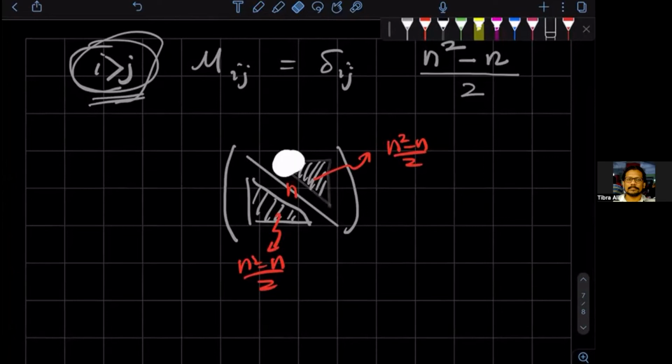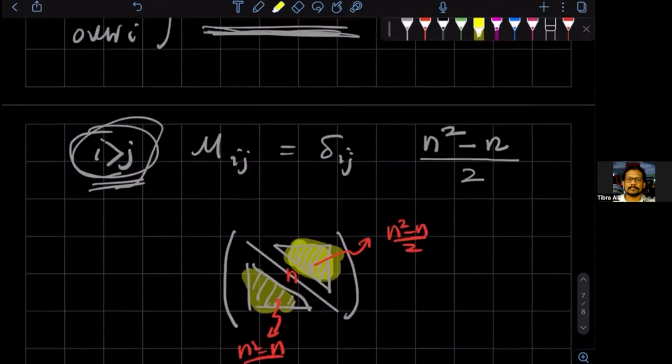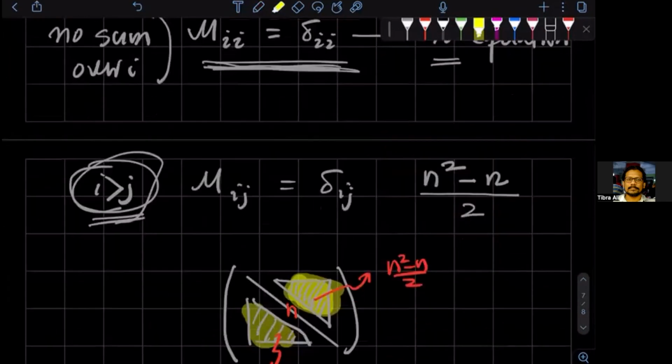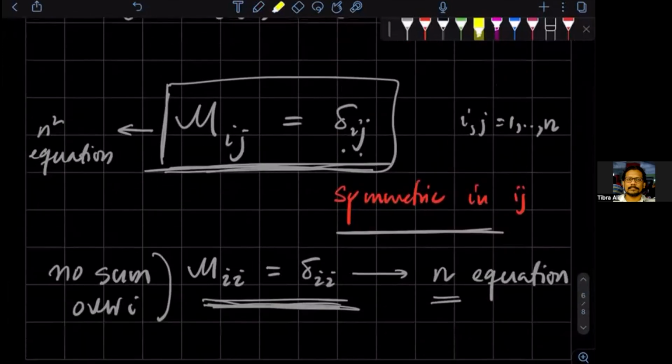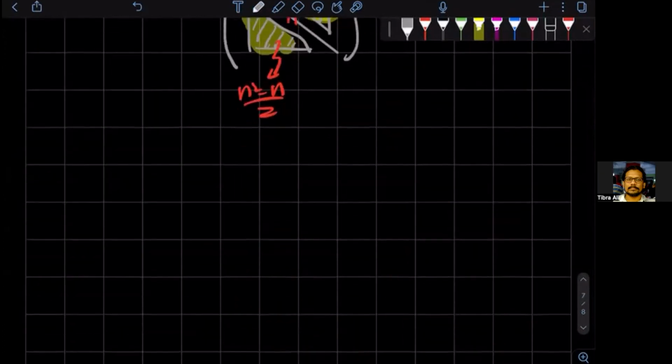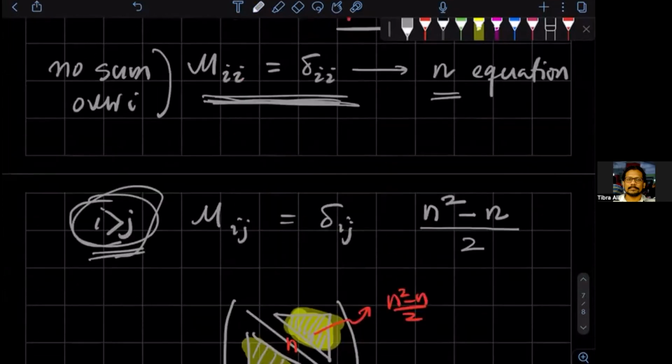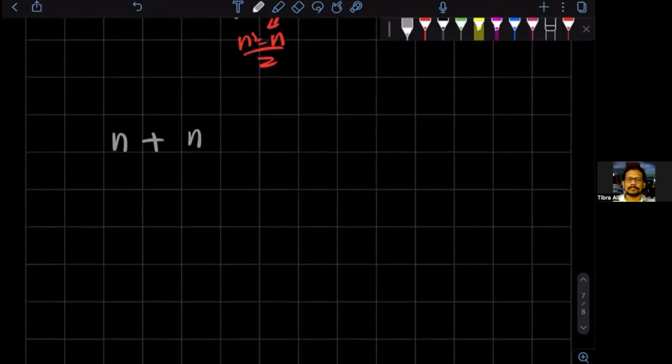But because of the symmetry, these equations over here are exactly the same equations as these. So we only have to count these. We don't have to count both. Therefore, the total number of equations contained in this set of conditions is going to be n plus this thing, (n squared minus n) over 2.